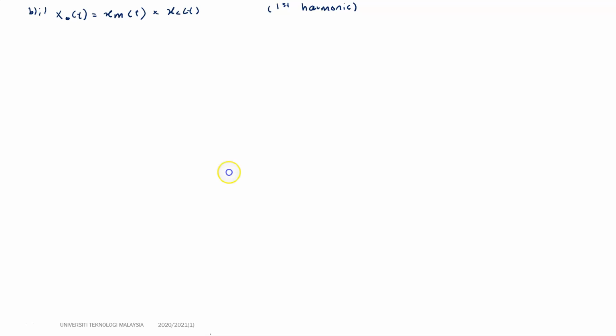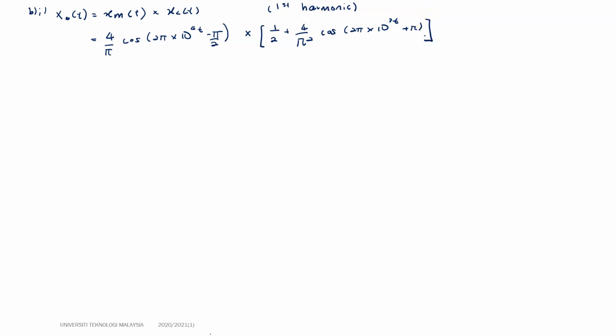So for f_m(t), for n equal to 1, we have 4 over pi cosine of 2 pi times 10 to the power of 4 t minus pi over 2. This is from the previous answer that we obtained. Multiply by, for f_c(t), the DC component 1 over 2 plus 4 over pi squared cosine of 2 pi times 10 to the power of 3 t plus pi. So we multiply this equation.